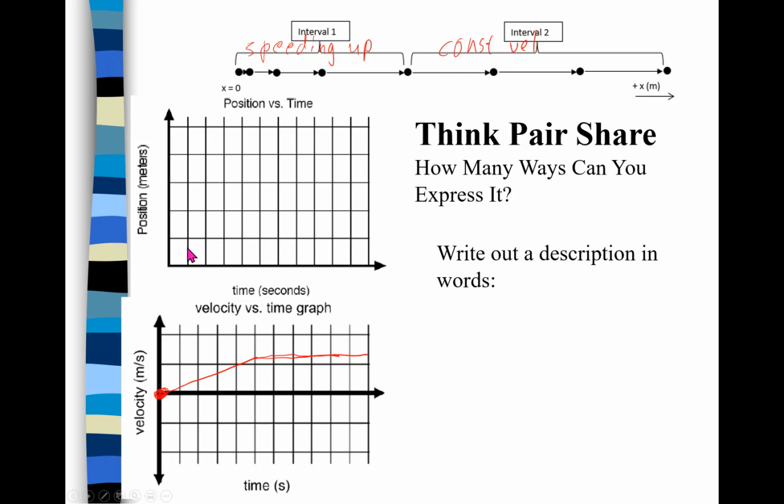So how am I going to draw that out on a position time graph? Well, the slope of the position time graph is the velocity. So if my velocity here is positive and increasing, my velocity, not the slope, but my velocity is positive because we're above this line, and increasing, that means my slope should be positive and increasing.